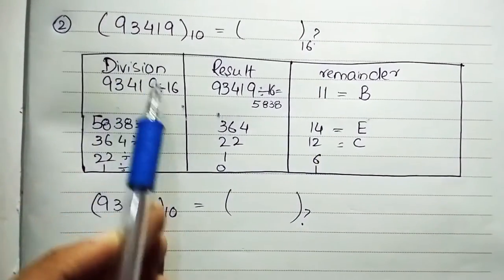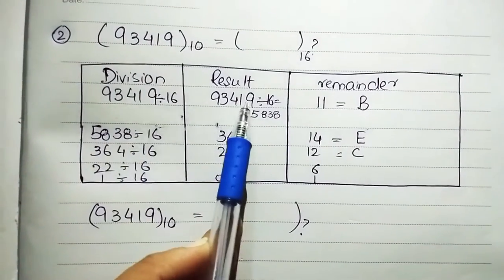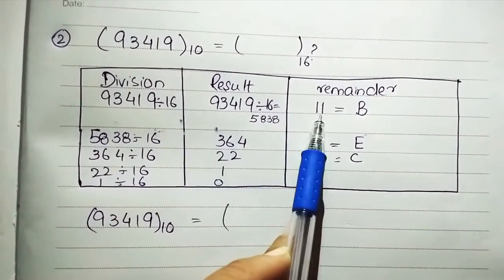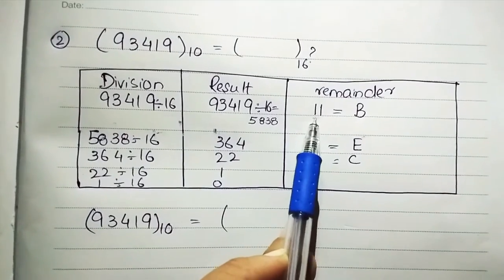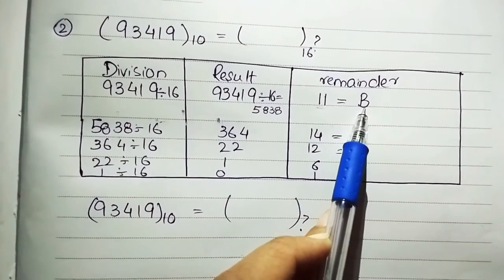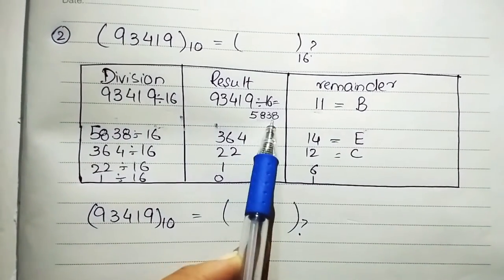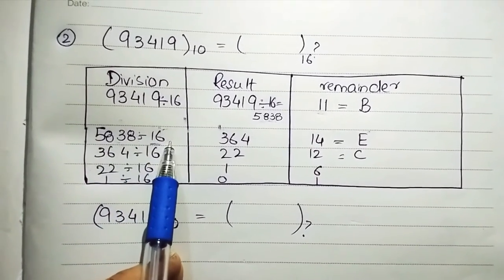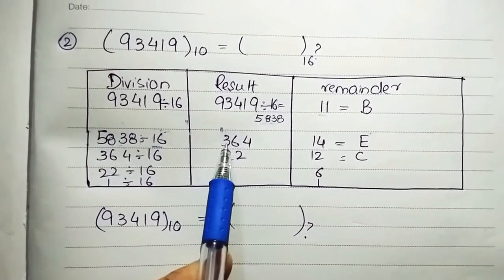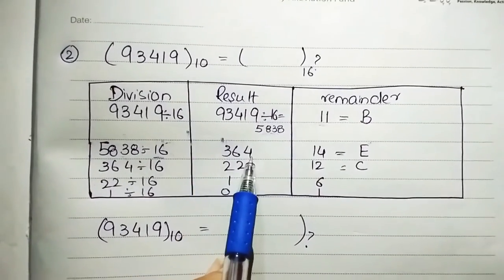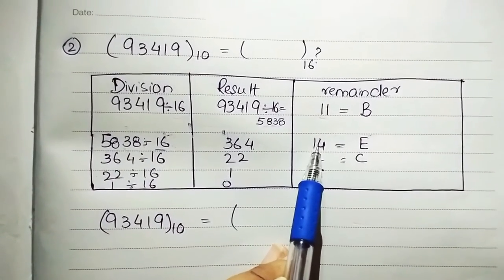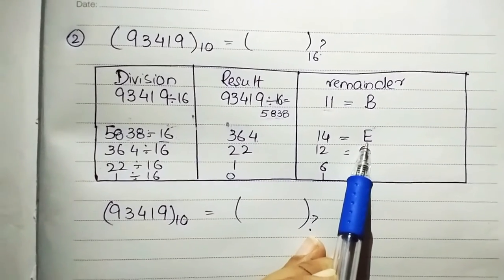Now this number will be divided by 16 and we will get 5838 as a result and the remainder will be 11, which is equal to B in hexadecimal. Now this number will again be divided by 16. 5838 divided by 16 is equal to 364 and the remainder will be 14 and 14 is equal to E in hexadecimal.